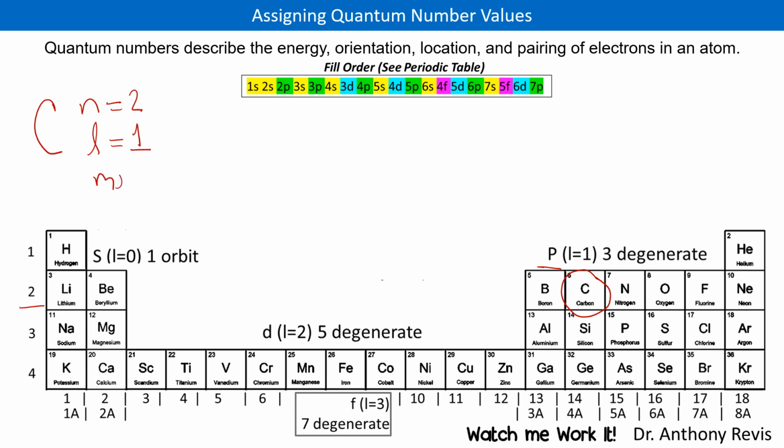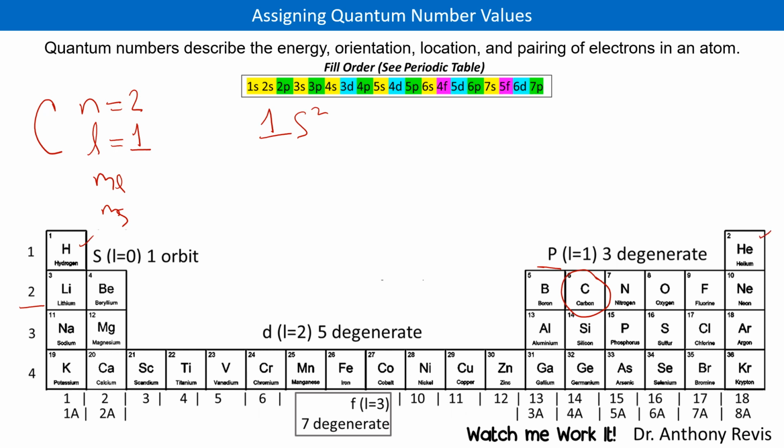Now we have ML and MS. For ML, we must do the electronic configuration diagram to properly do it. If you've done it enough times, you can actually see the diagram without drawing it out. Let's draw these diagrams out. But before we can draw the diagram out, let's write the full electronic configuration. All right? So the full electronic configuration would be a 1s2 because I have 1s, 1, 2.